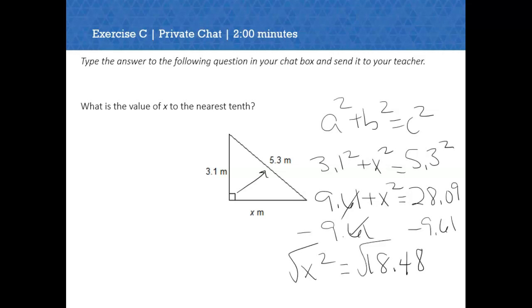And then square root. The square root of 18.48 is 4.2988, and it says to the nearest tenth, so that's 4.3.